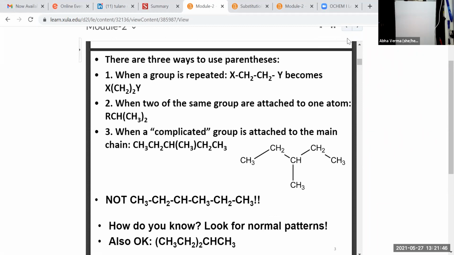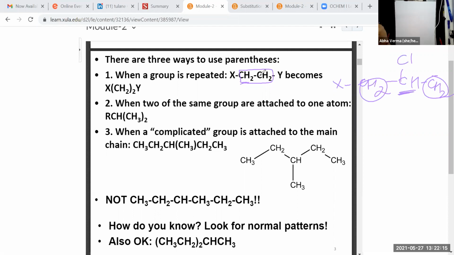So this is just the repetition of what I told you about the parentheses. Whenever a group is repeated, we can write, and we should write, all the repeating units if they are together only. That's one of the things. If it is like CH2 and then something else, you cannot combine these two CH2 units.